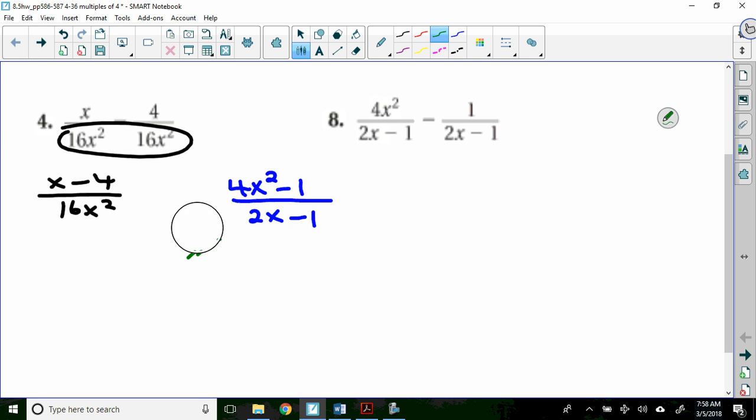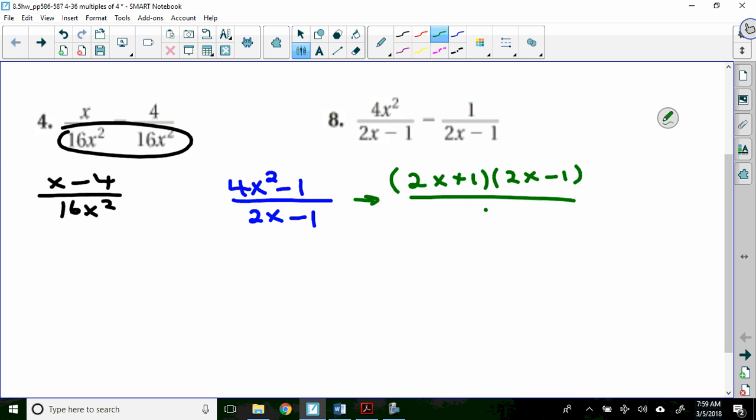We'd hopefully remember that from 8.4. But what you can do and what you should do from this point is factor the numerator into 2x plus 1 and 2x minus 1. And the denominator is still 2x minus 1. So the 2x minus 1 factors cancel.